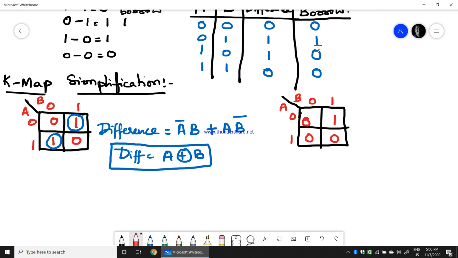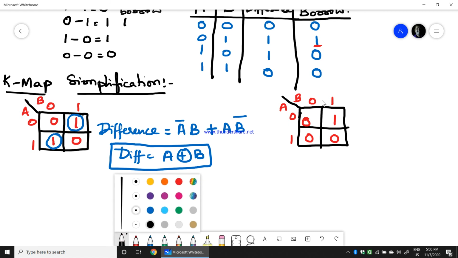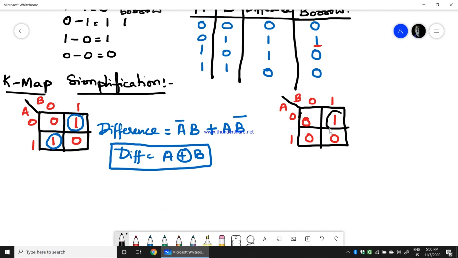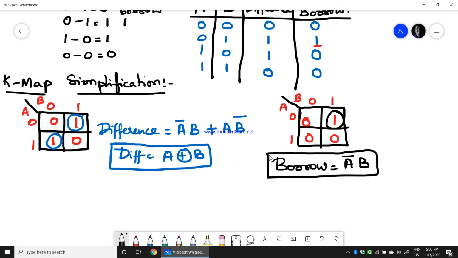So the only 1 is for 0 1. Now again, no grouping is required here because we have only one bit, so we group only that bit. So what we get here is borrow equals A bar and B. Therefore, it is A bar B. So I got the expression for the borrow and difference.